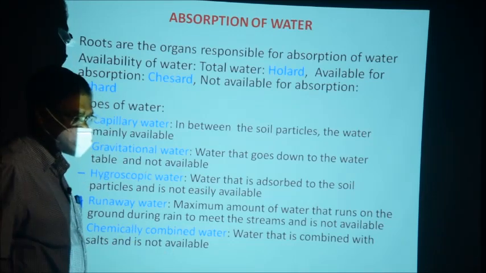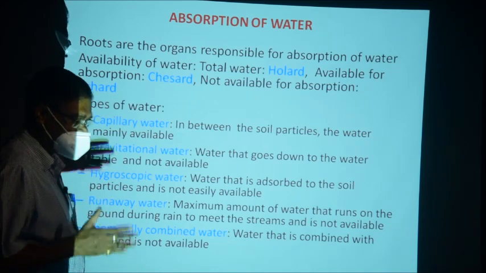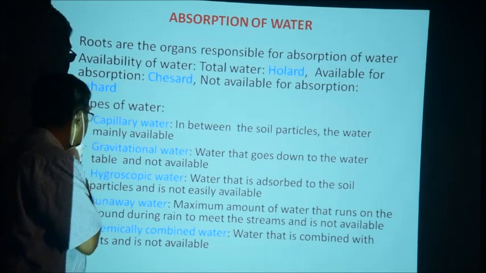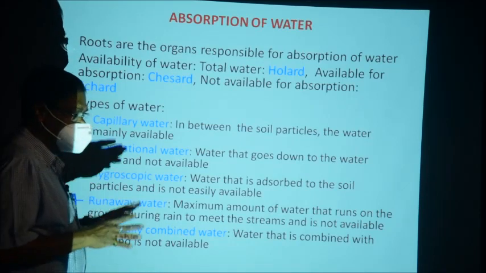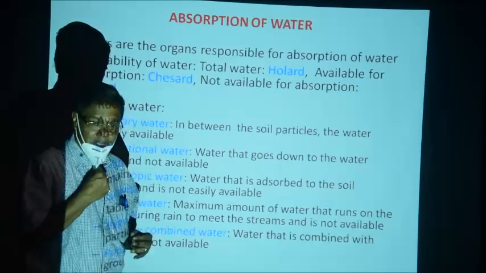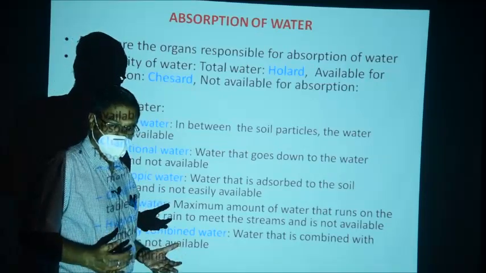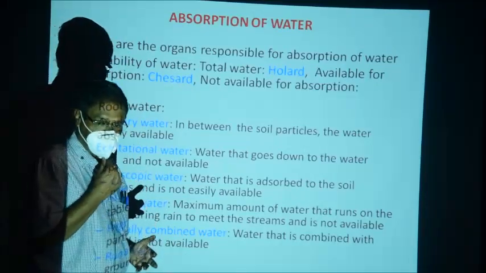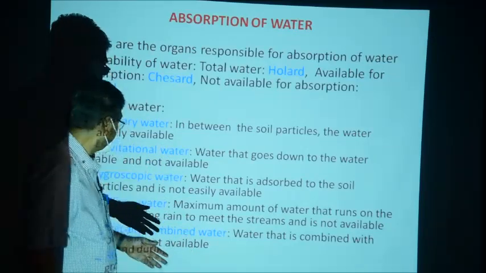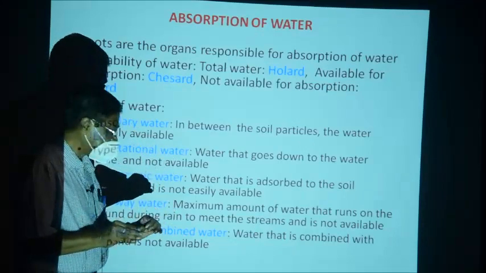All other processes are mostly explained by osmosis, next is diffusion and third is imbibition. Now, absorption of water. Where is water? Water is in the soil. So from the soil, water is taken up by the plant through the roots. And in what form is water available in the soil? It is in the form of capillary water, that is, in between soil particles.